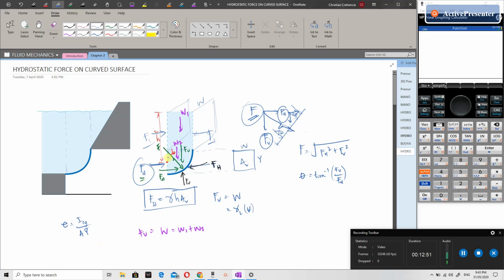So y bar is the distance along the plane, which in this case is the vertical plane we are considering, from the liquid surface to our centroid.